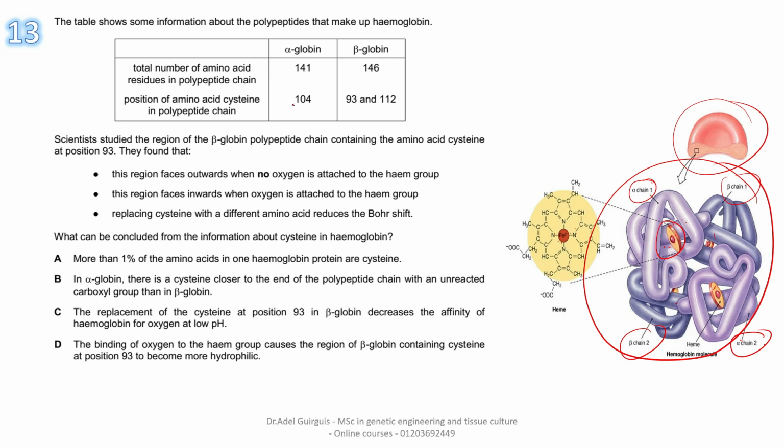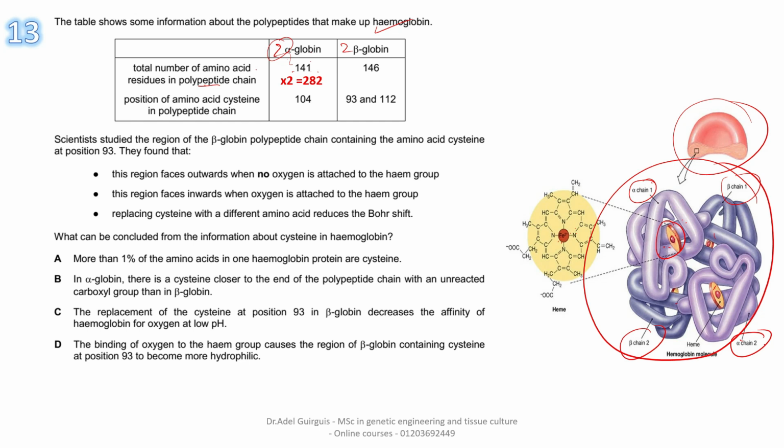What about this table? How many alpha globin in hemoglobin? 2 alpha. How many beta? 2 beta. So, total number of amino acid residues in the polypeptide chain: 141 for one polypeptide chain. But we have 2, so we have to multiply times 2, equal 282.